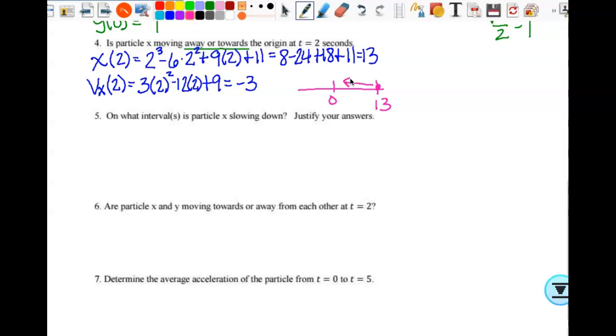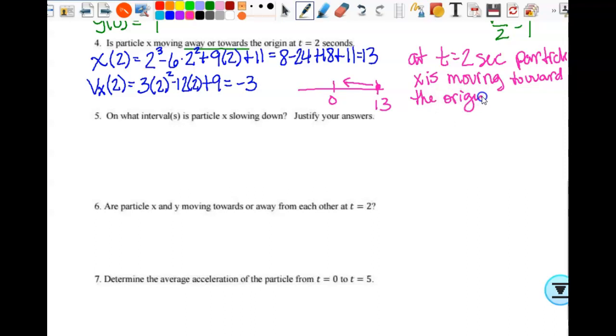Okay. So then I can say at t equals 2 seconds, particle x is moving toward the origin because x of 2 is positive or greater than 0, and v sub x of 2 is less than 0.